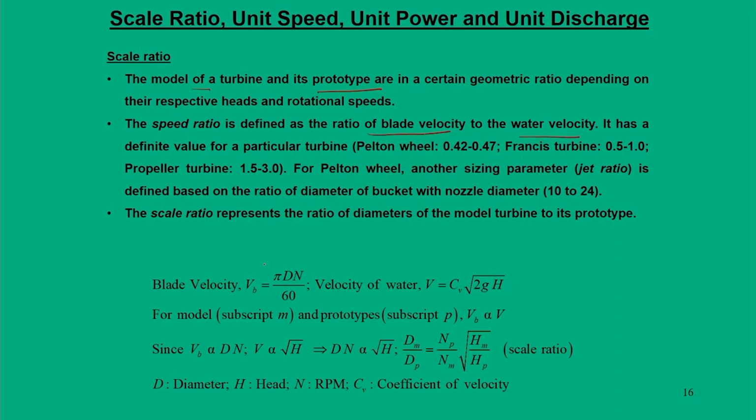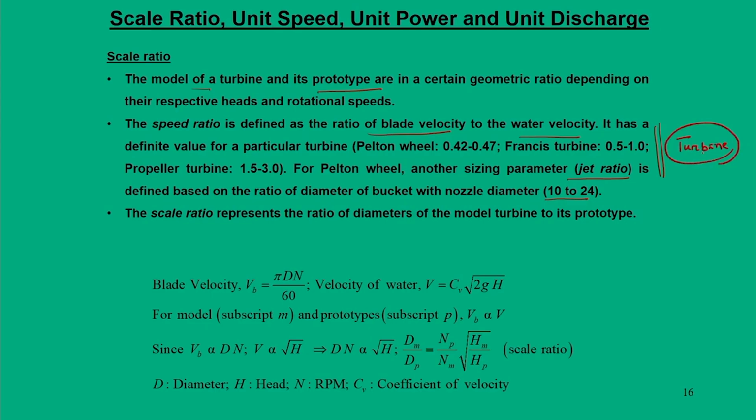For different types of turbines, Pelton wheel it is 0.4 to 0.47, Francis is 0.5 to 1 and propeller is 1.5 to 3. Also, with respect to Pelton wheels specifically, a jet ratio is defined, which is typically maintained at 10 to 24, but these parameters are specific to the respective turbine.